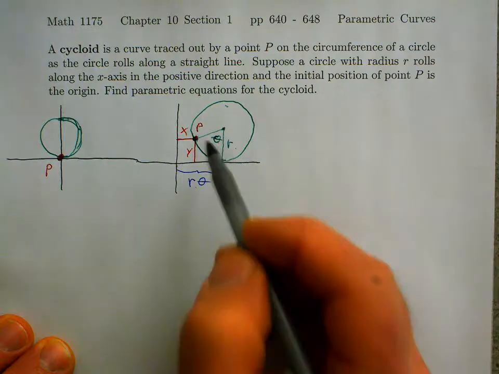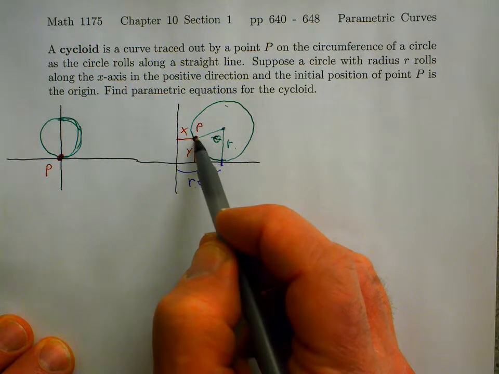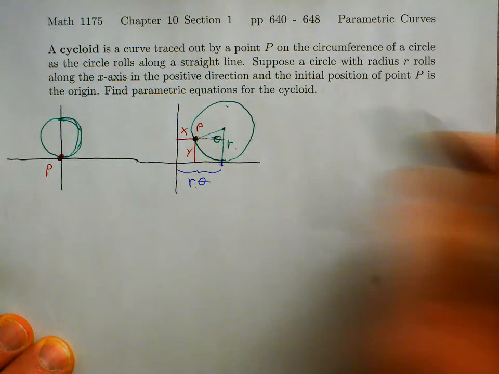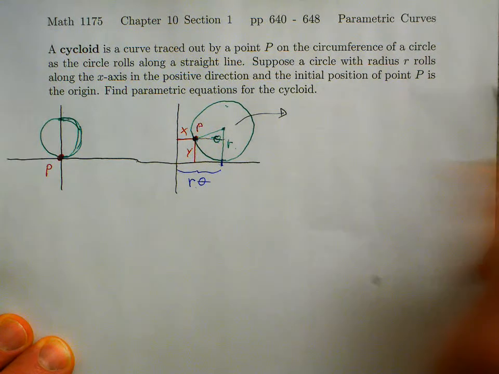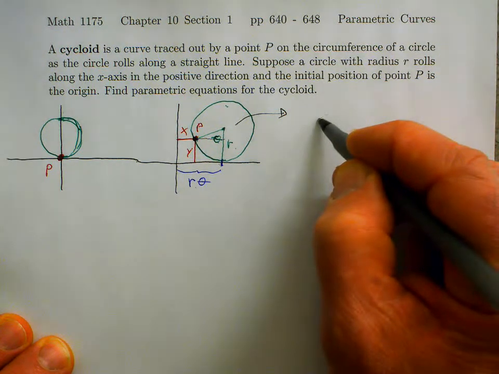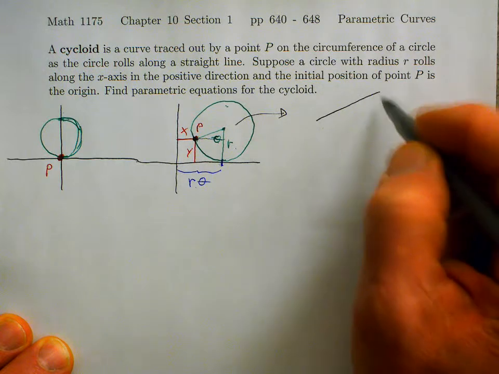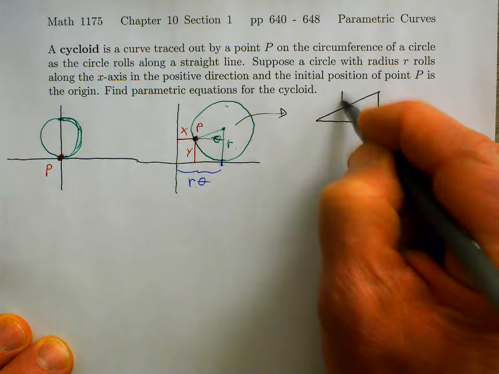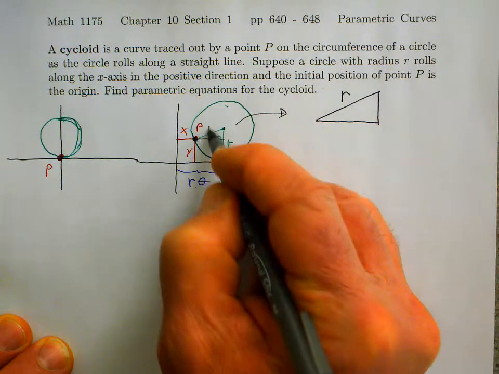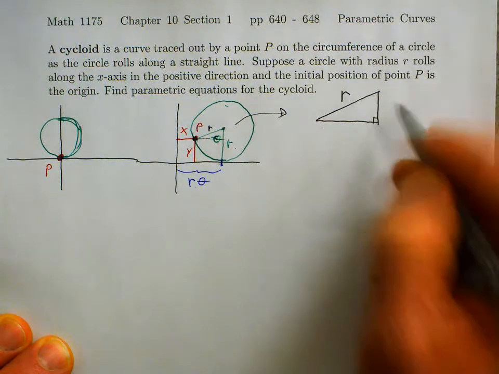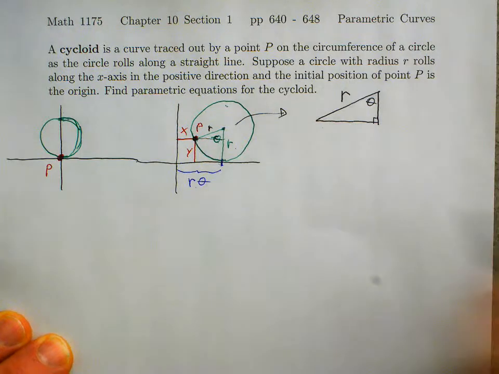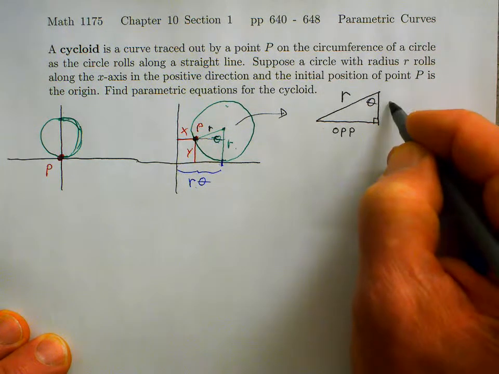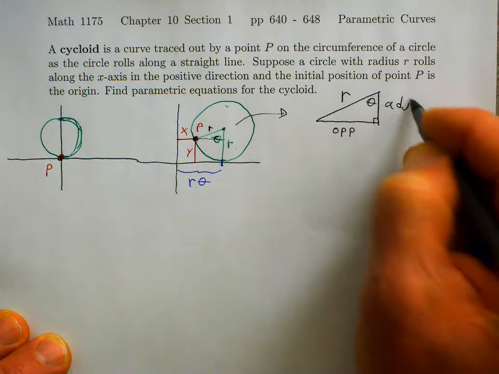And we're going to take a look at the right triangle that is formed using the angle theta. Let's look at a bigger version of that. The radius is r, that's the hypotenuse. This angle is theta, and then the opposite side of theta is here, and the adjacent side is there.